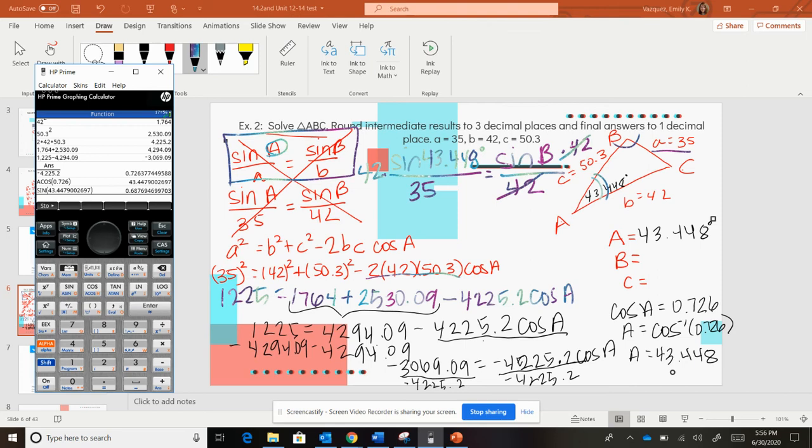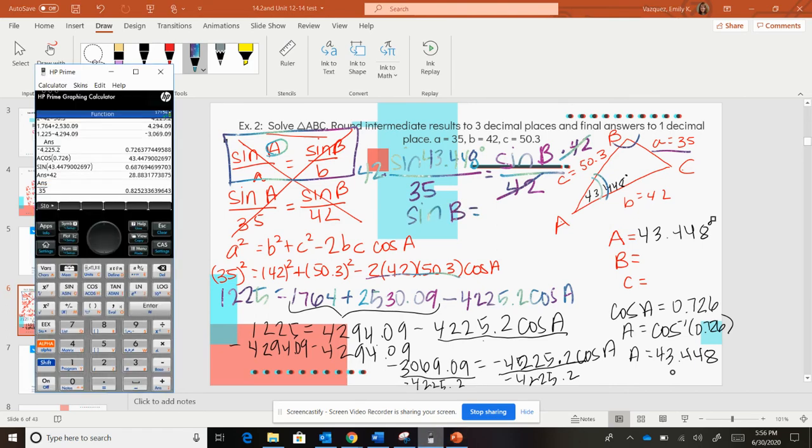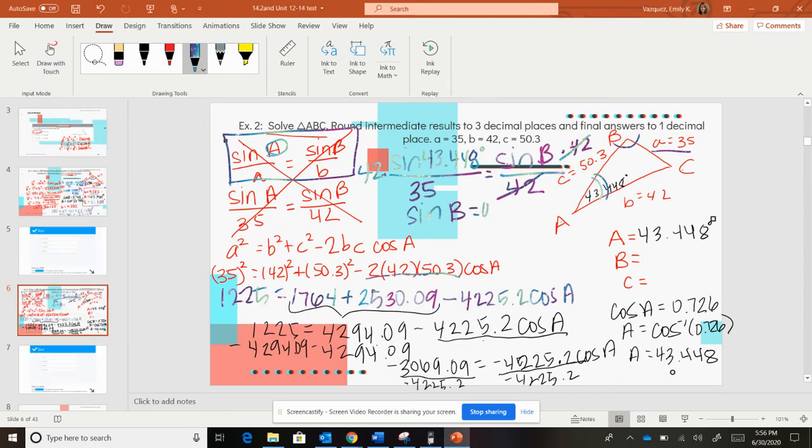I'm going to multiply by 42, or you could divide by 35 first and then multiply by 42. It doesn't matter. And then I'm going to divide by 35. So what I am getting right now is sine of B equals 0.825.